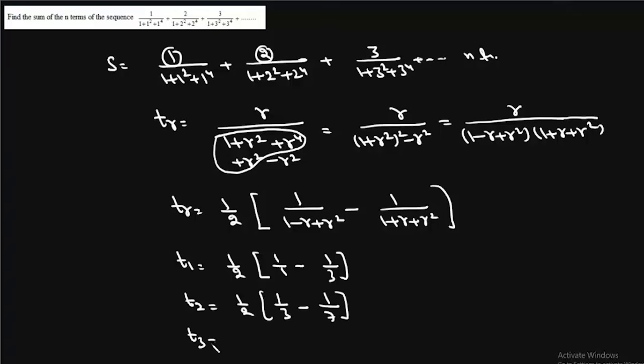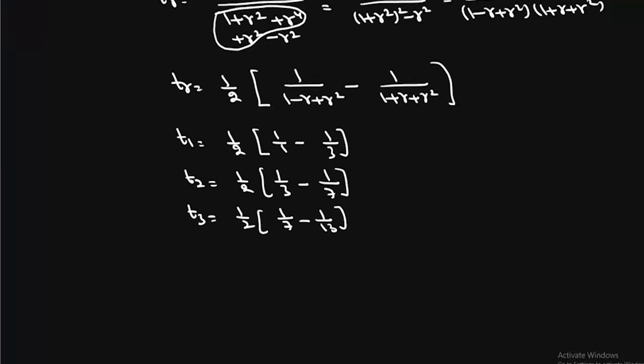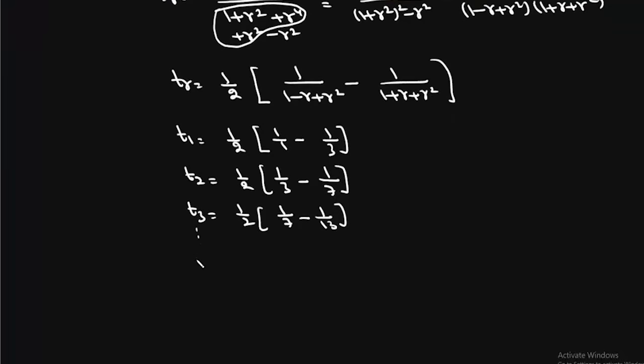Now this third term will be 1 by 2, and this is 10 minus 3, 7, and here will be 9 and 4, 13. And we continue up to nth term, which is 1 by 2, 1 upon 1 minus n plus n square minus 1 upon 1 plus n square.